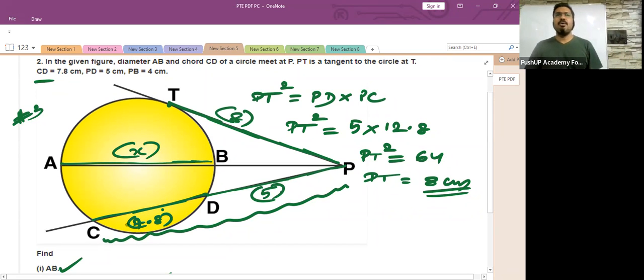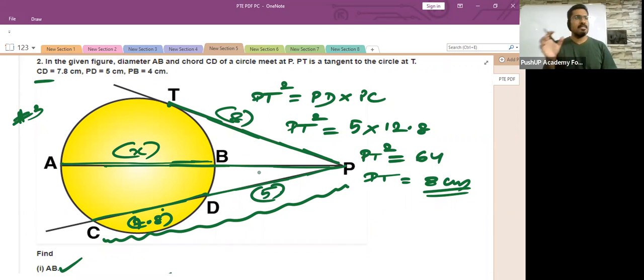Now, children, don't you feel this is again the third case, the third scenario, because the chord is intersecting a tangent outside the circle? Don't you feel so? Children, am I talking sense?